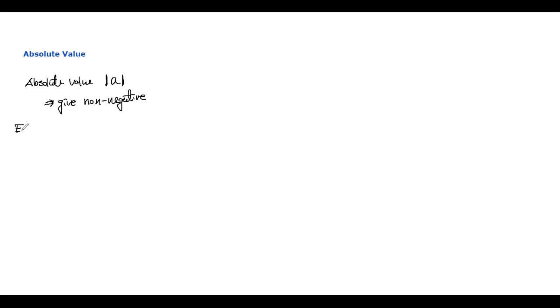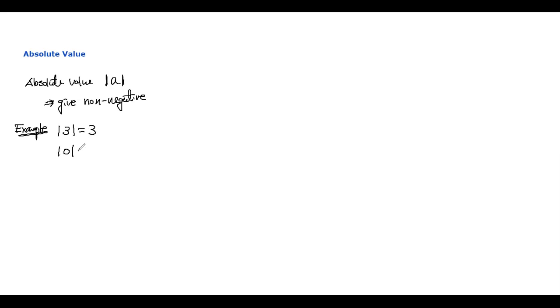Everything that comes out of the absolute value sign has to be non-negative. If I have 3, because 3 is already positive, its absolute value equals itself. Can the absolute value be 0?